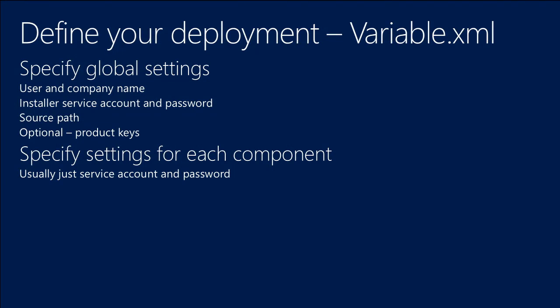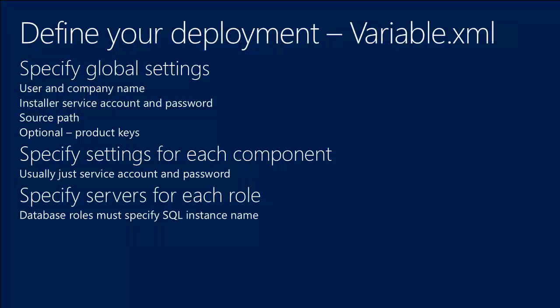Then you specify settings for each component that you're installing. You don't have to install everything. You can pick and choose what you want to install. But for any of the components you're installing, typically all you need to supply is the service account and password for the service account that's going to be used by that component. Then you specify which servers you want to place each role in your deployment on. If it's a database role, you also need to specify the SQL instance.